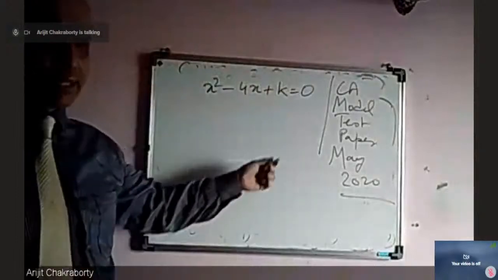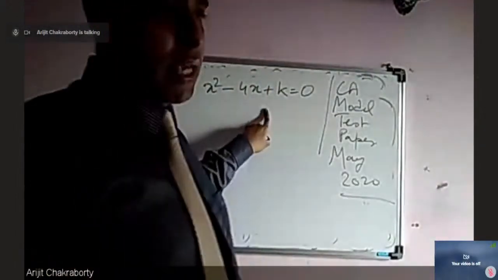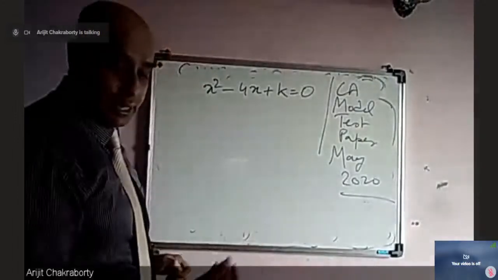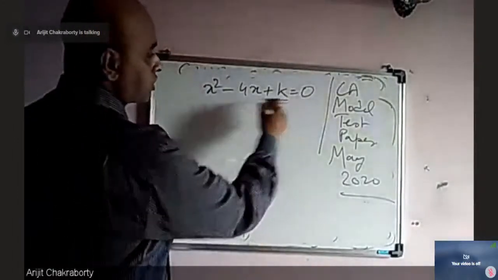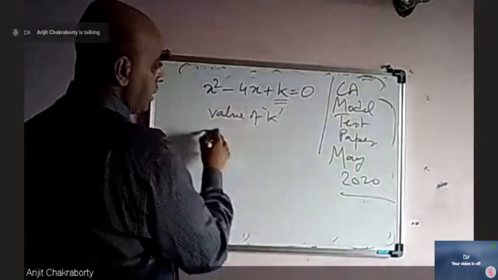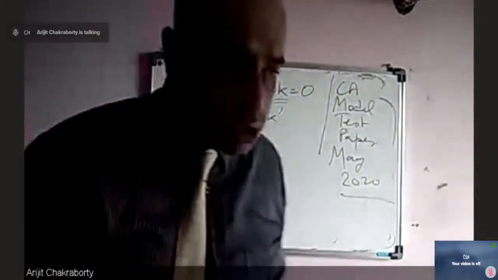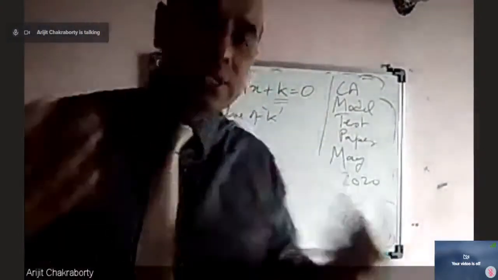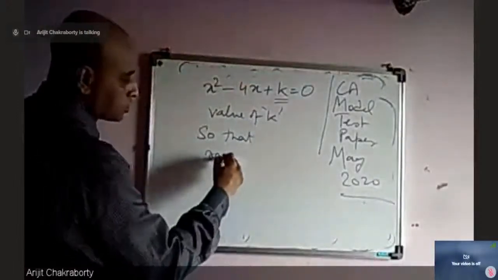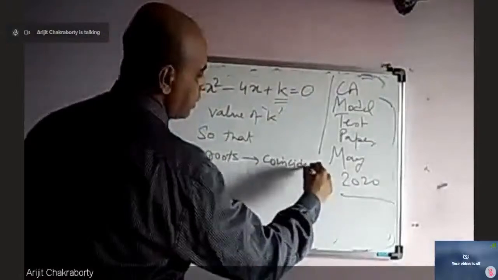Okay, very recent. So x square minus 4x plus k equal to 0. The question is, what will be the value of k so that the roots of the equation are coincidental.